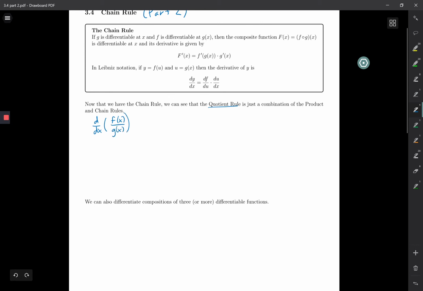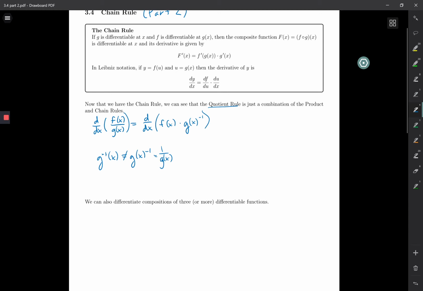If we have a ratio of two functions, we can just rewrite this as f times g to the minus 1. Note that I wrote the minus 1 out here, so this is not g inverse. This is not equal to this. This is 1 over g.